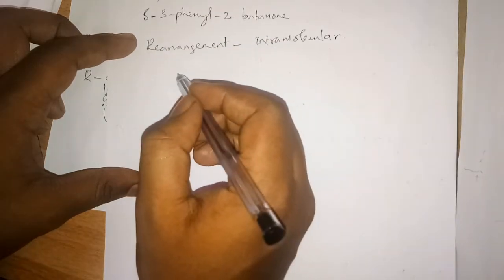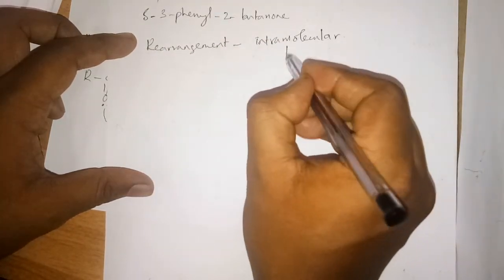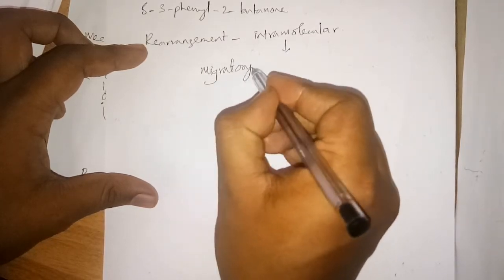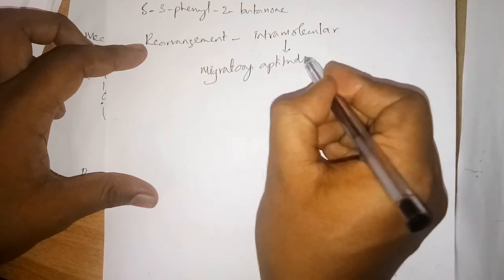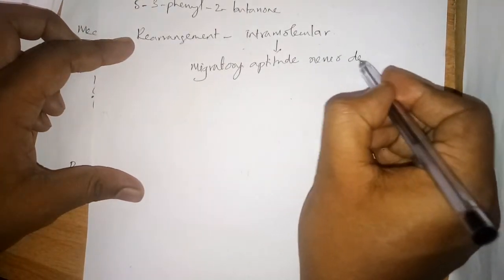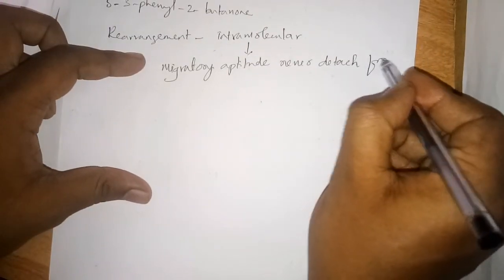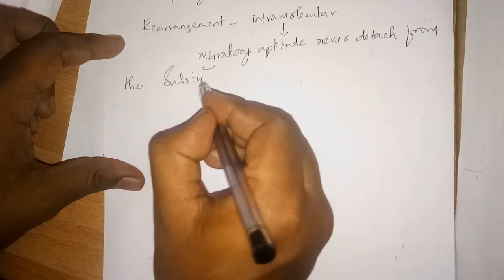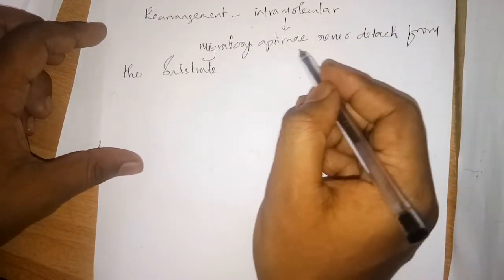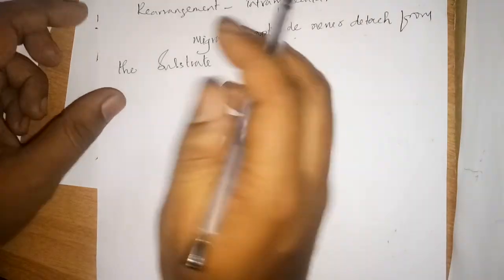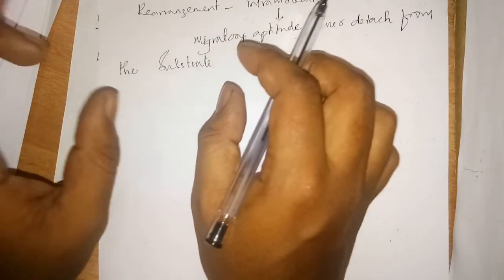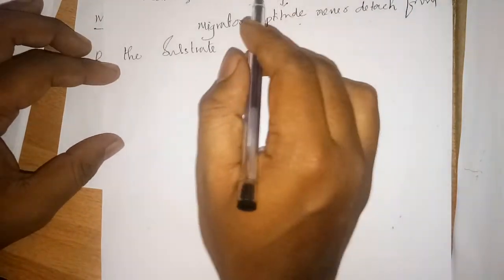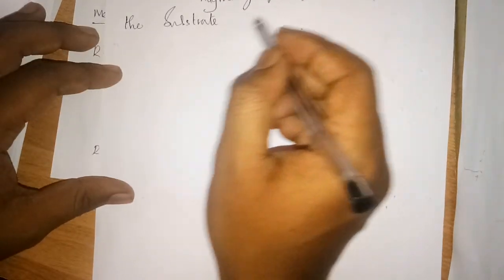Intramolecular means the migrating group never detaches from the rest of the molecule during the rearrangement. That is why it's called an intramolecular rearrangement.